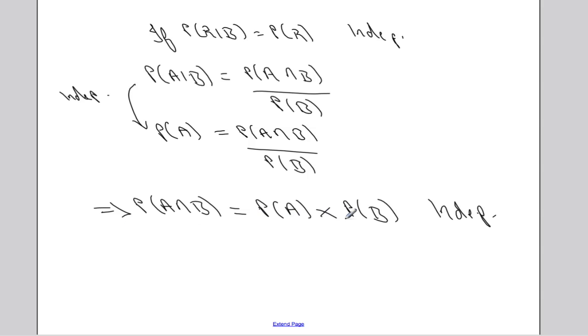Okay, and that's a test for independence. If you want to show two events are independent, you multiply the probabilities together. If that equals the intersection, then the two events are independent.